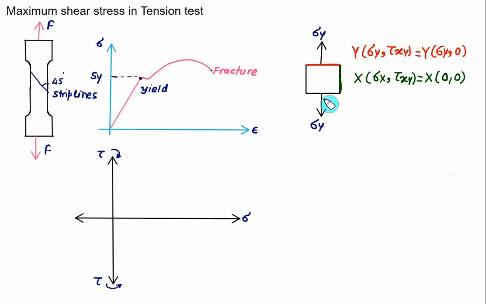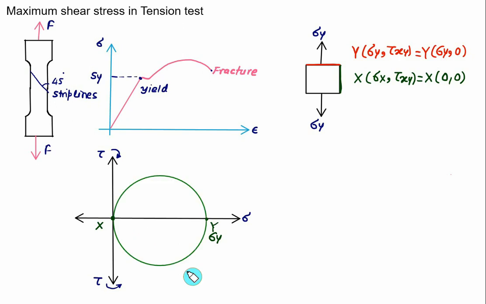But as such, there is no shear stress on both x and y faces. The x face we can locate at the origin. So this one is the x face coordinate. And this one is the y face, where we have a value of sigma y only and tau xy is 0. So using x and y, we can draw a complete circle, which will be the Mohr circle.